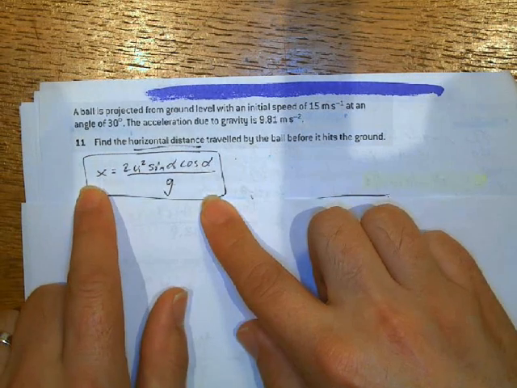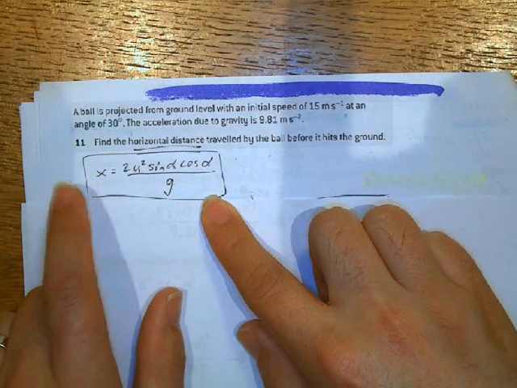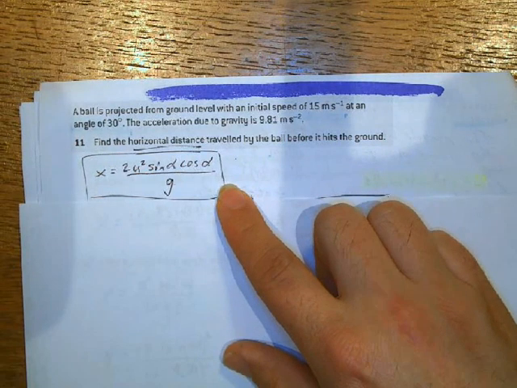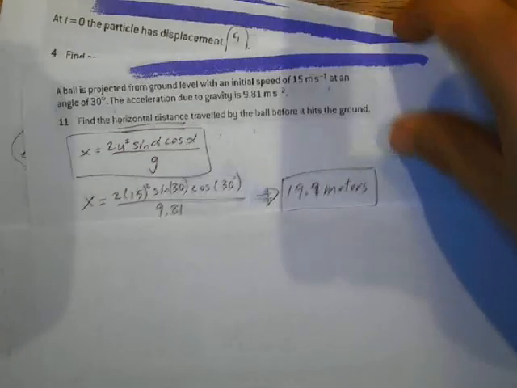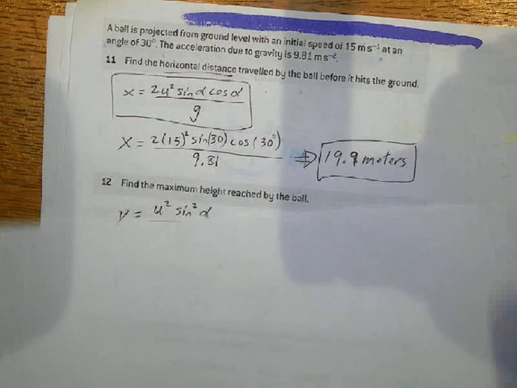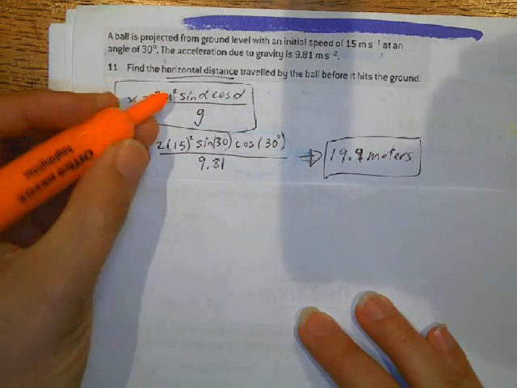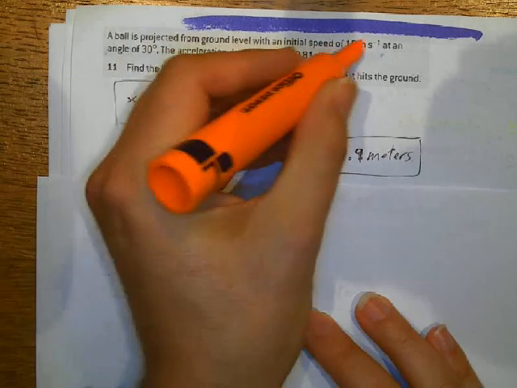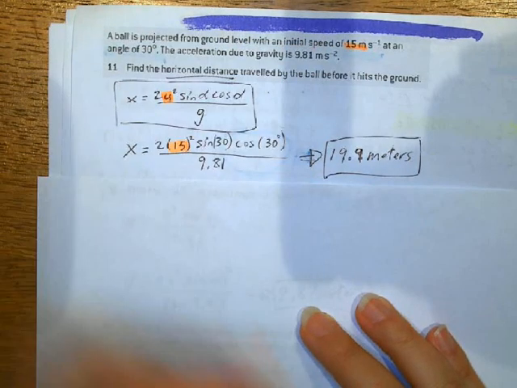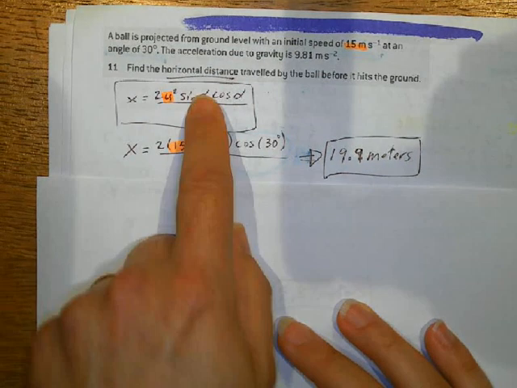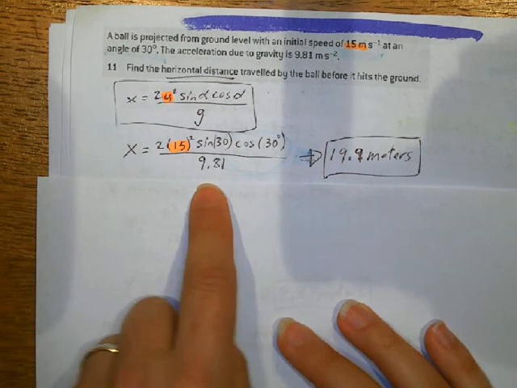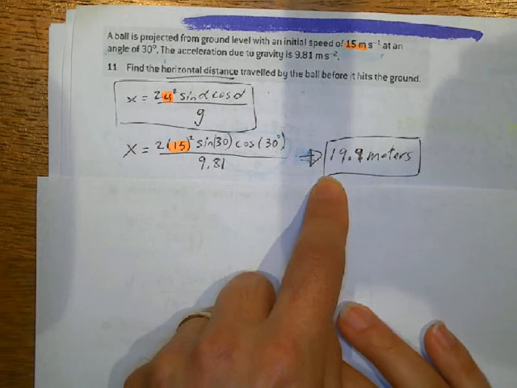You could flip the page over to see that this is what we calculated for the horizontal distance. See? Right there. Okay. So I'm going to replace u, because that is our speed of 15. Our angle we know is 30. And for gravity, we're using 9.81. We plug this into our calculator, we get this.